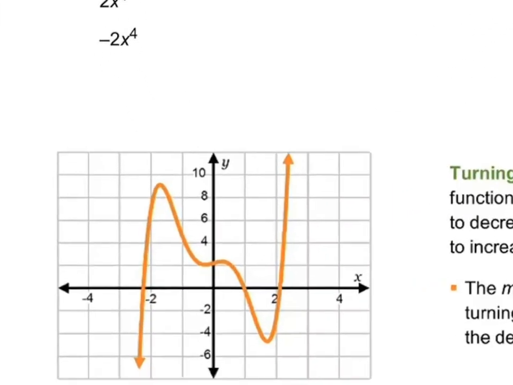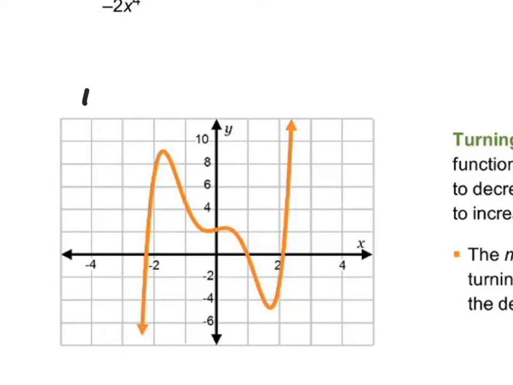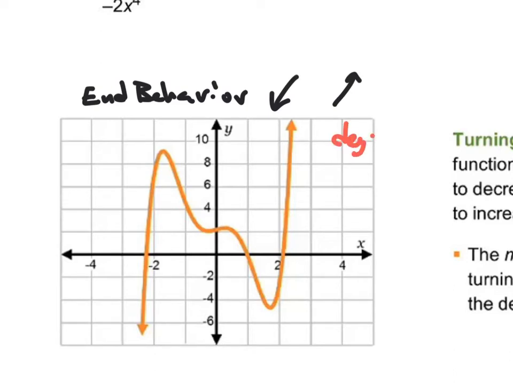The end behavior means we go down to the left and up to the right. And if the end behavior is opposite, then what do we know has to be the degree of our function? Then our degree must be odd.